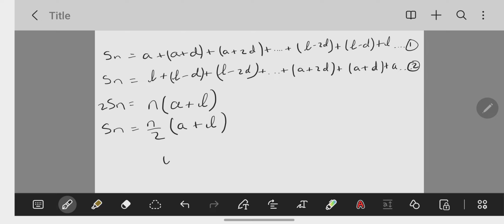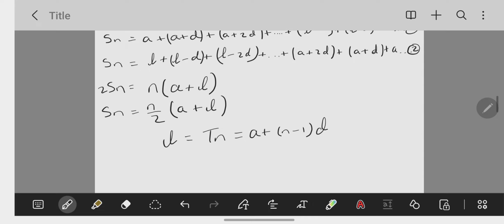So that's why I can write down the last term as Tn equals a plus (n minus 1)d. So I'll replace L with a plus (n minus 1)d.